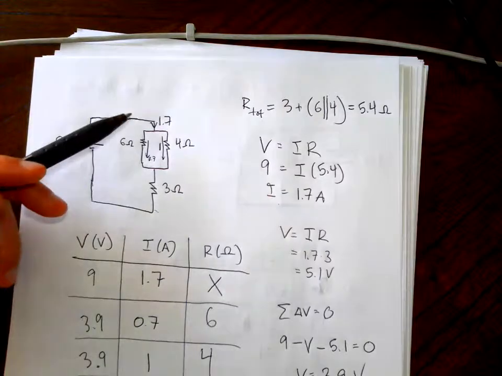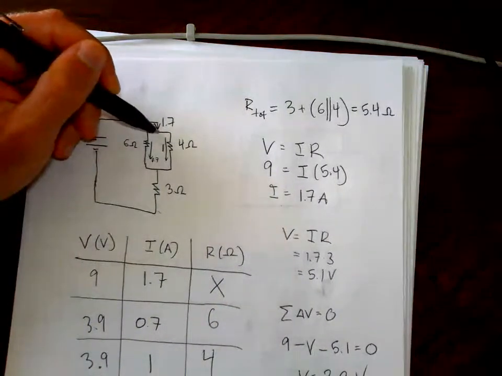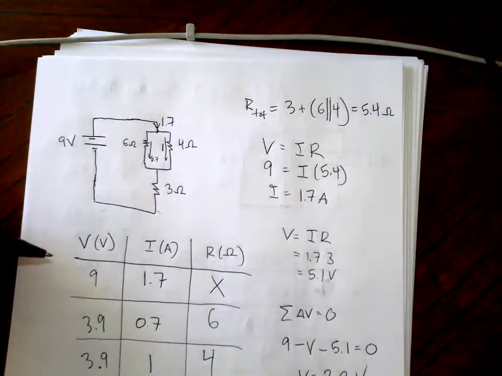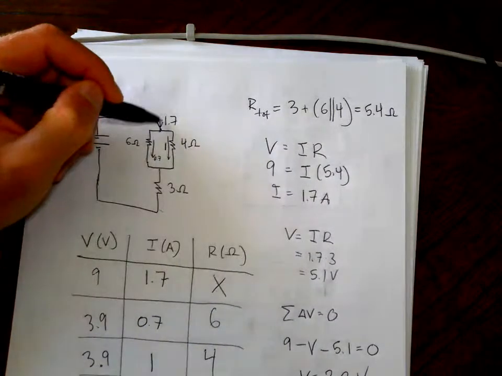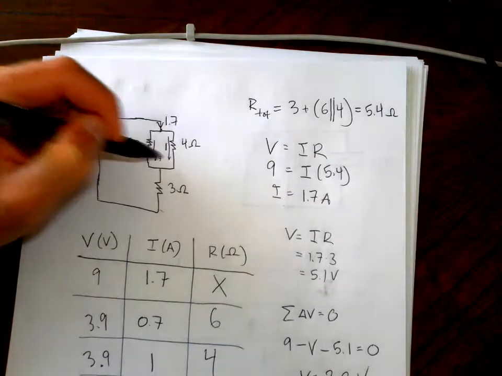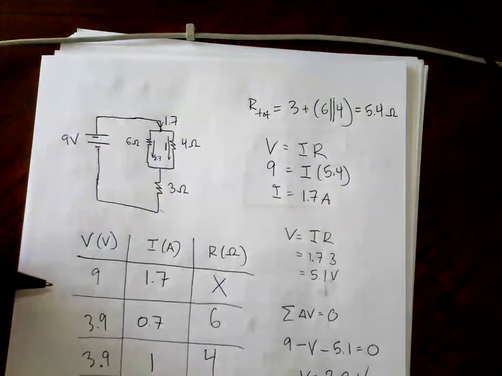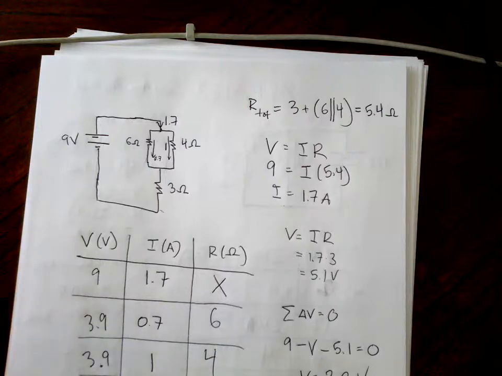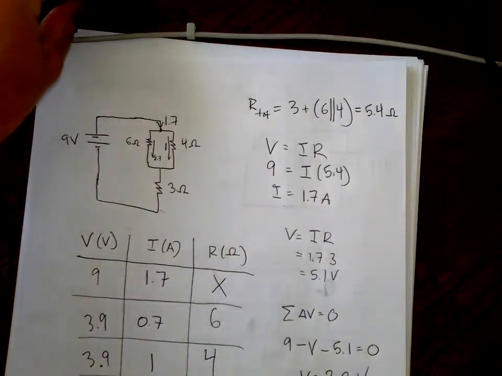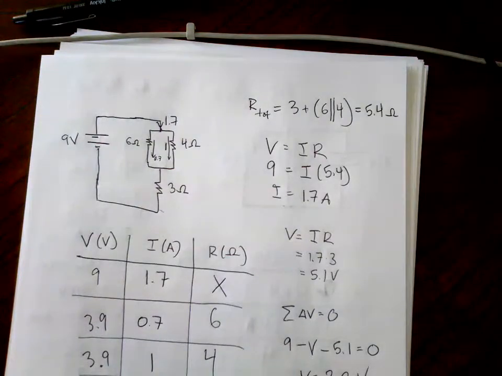Does that satisfy Kirchhoff's current law for this junction? Yes, it does. Why? Because I have 1.7 amps going in, and I have 1 plus 0.7 going out, which is also equal to 1.7. All right. So that is the Sudoku method.